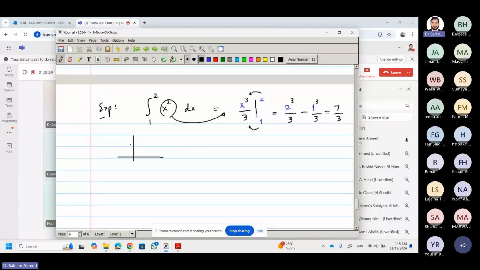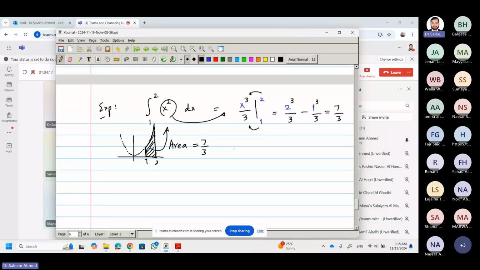And you see, this is your y is equal to x square. And from 1 to 2, this is your 1 and this is your 2. So this is the area which I just have found. This area I have found under the curve y is equal to x square between a and b. So this area is given by 7 by 3.